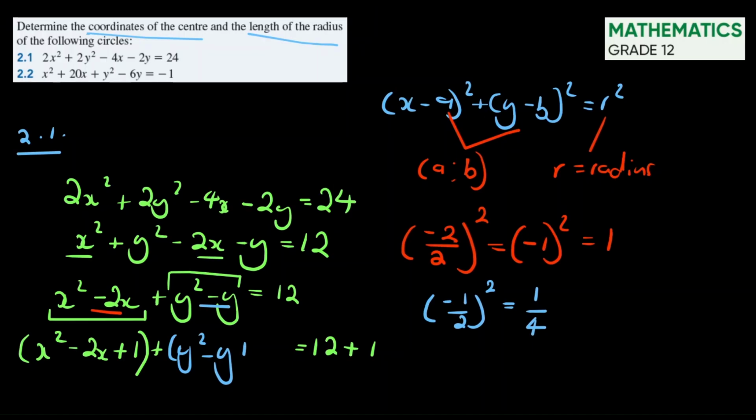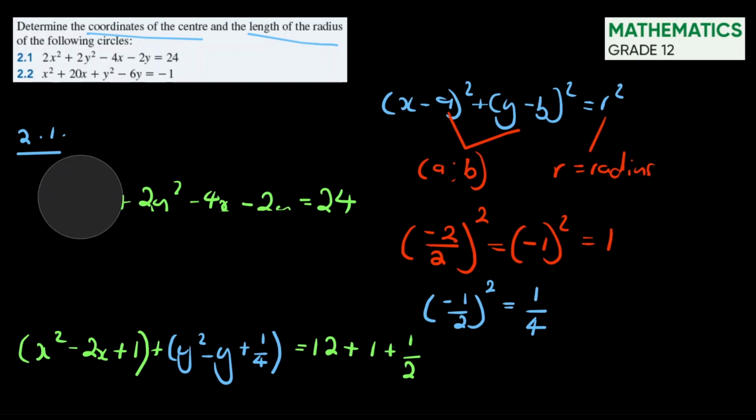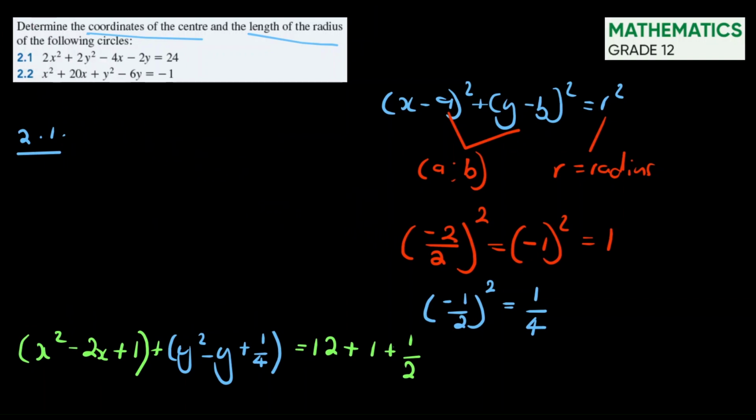We do the same process: add 1 over 4 on the left hand side and add 1 over 4 on the right hand side. And this is the easiest way of really doing this. So be sure to memorize it, and if you have an alternative way, be sure to try it out and also let me know in the comment section below.